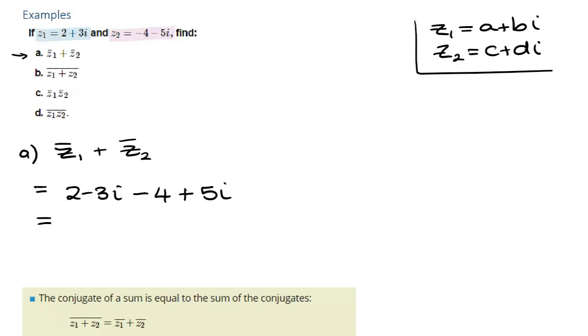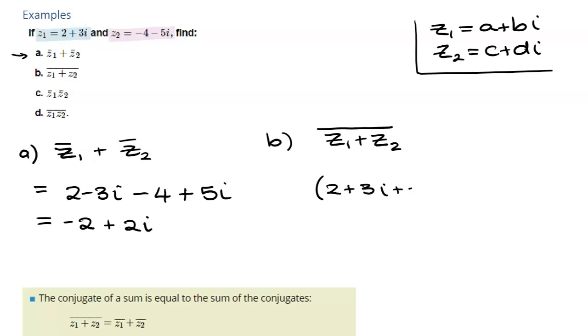I always like to write it real then imaginary. Let's compare that with doing the sum first and then doing the conjugate. If we do the sum first, we're going to have 2 plus 3i plus -4 minus 5i, and we're going to take the conjugate of that after we clean it up.